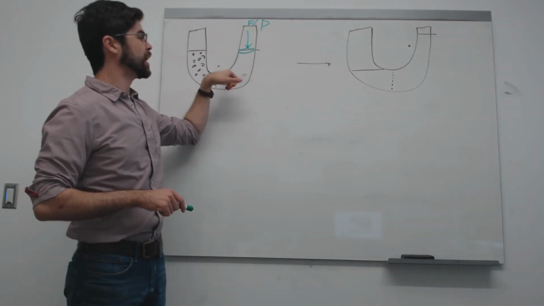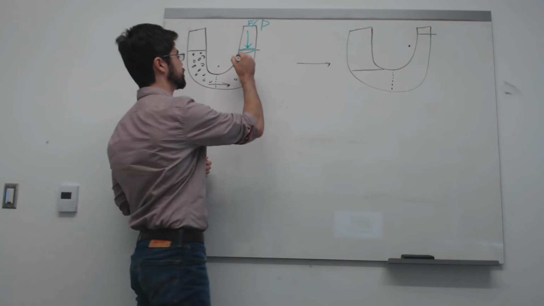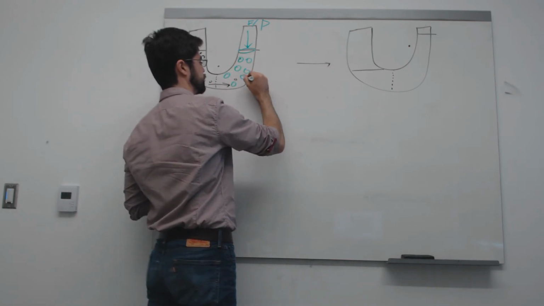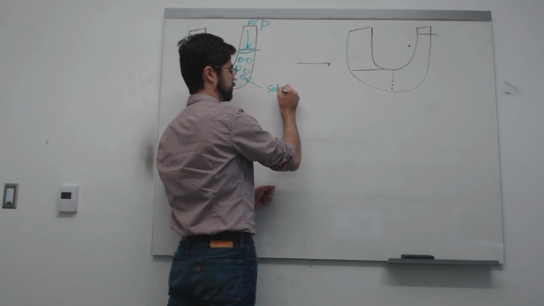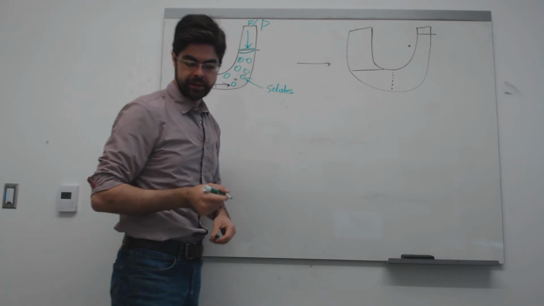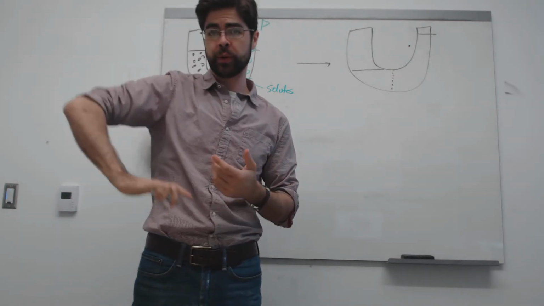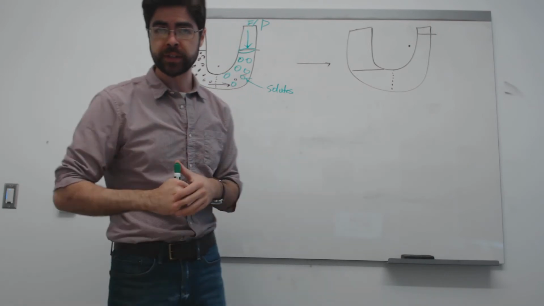The osmotic pressure that a solution has is dependent on the concentration of that solution, or rather the concentration of solutes in that solution. Osmotic pressure, again, is how much you need to supply to counteract osmosis.